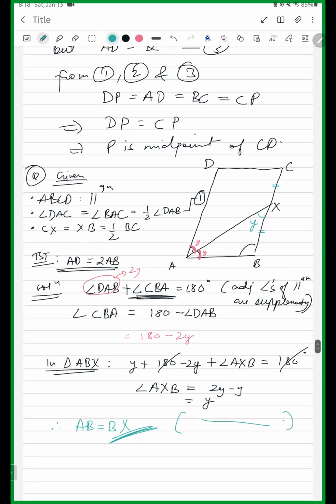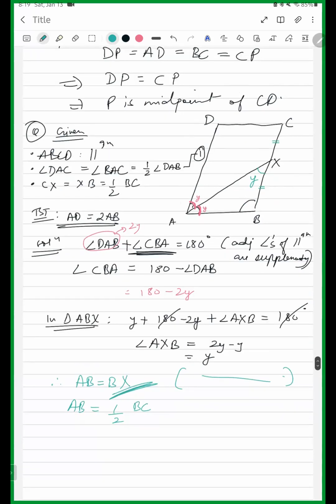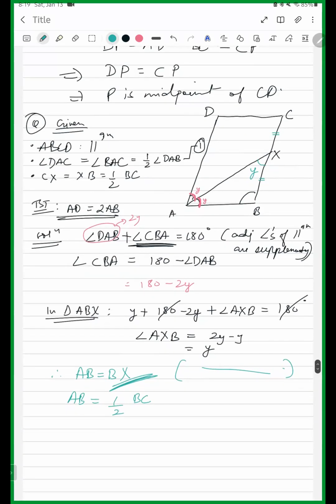Now AB is equal to BX, right? And BX is what? BX is half of BC. So AB is equal to half of BC. That means if you take the 2 to the other side, twice of AB is equal to BC.